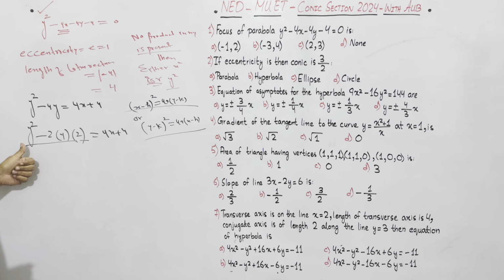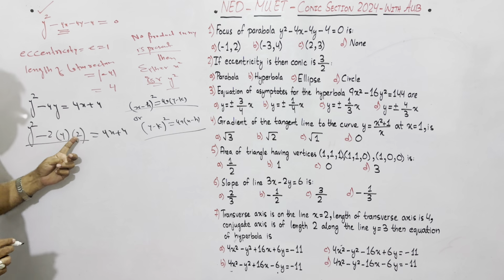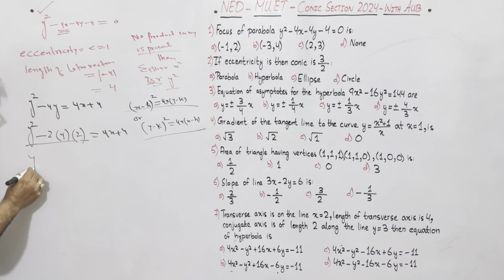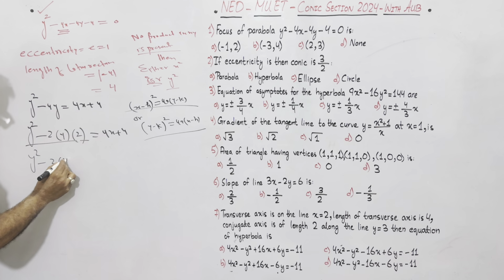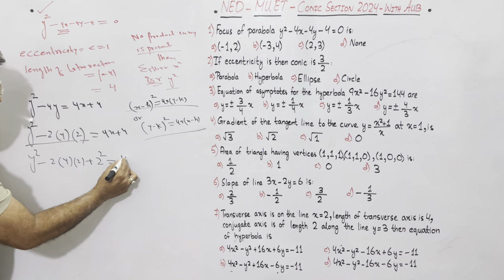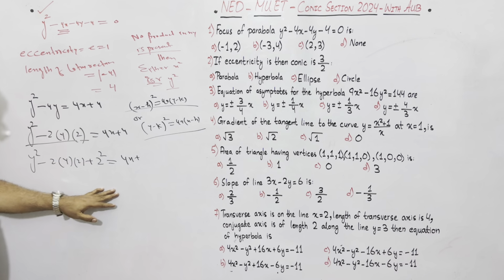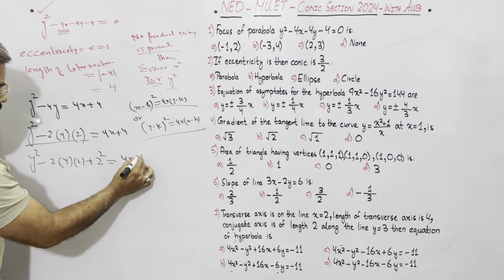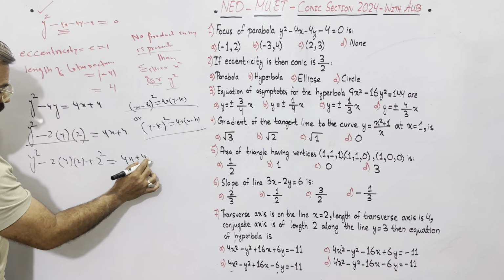Adding 2 square on both sides to get the perfect square of the term including y, we have 4 plus 2 square.